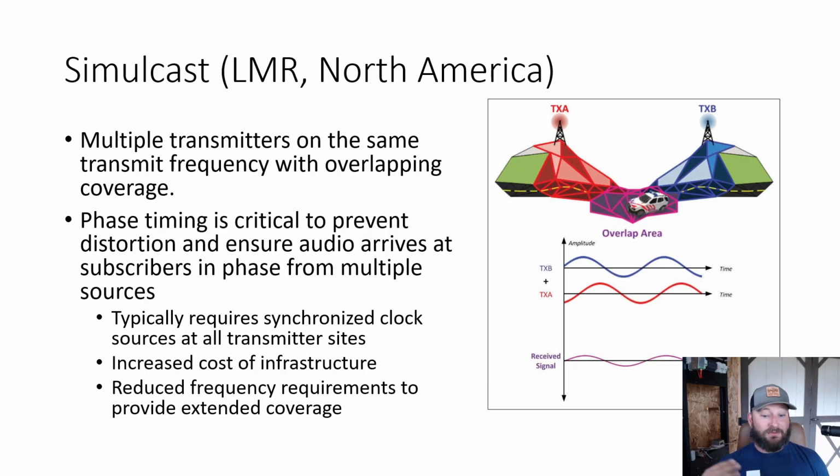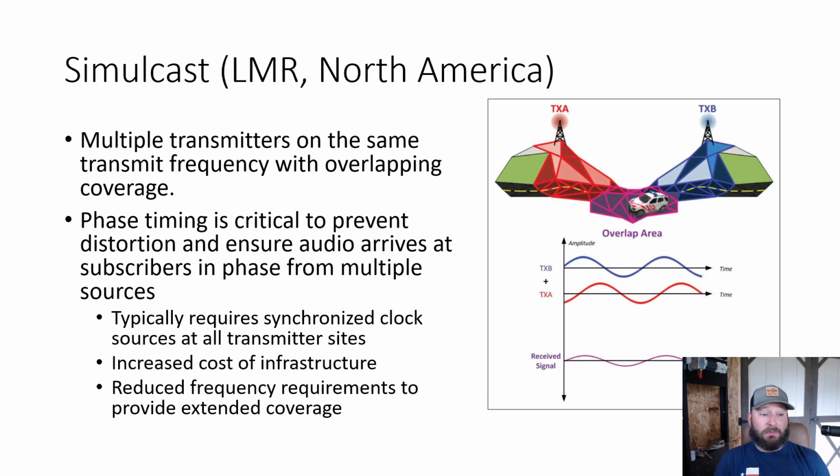Now, typically, if you have two transmitters on the same frequency that are overlapping, you're going to get distorted audio, which is shown in this diagram, where transmit A and transmit B are in different phases, and when you actually mix that, as you can see, the amplitude is lower and the phase is even shifted again, which will give us audio distortion.